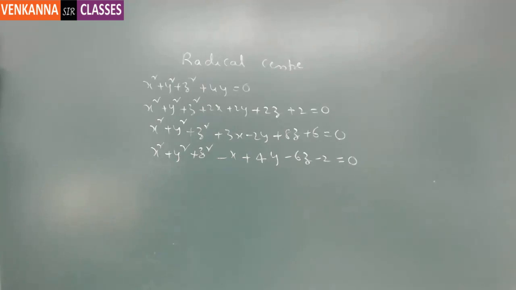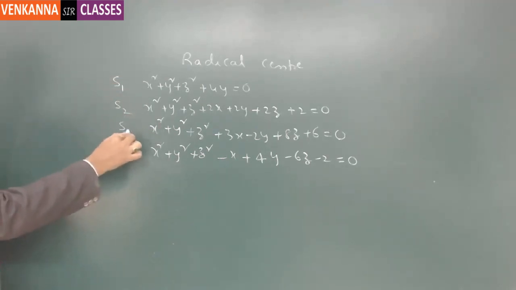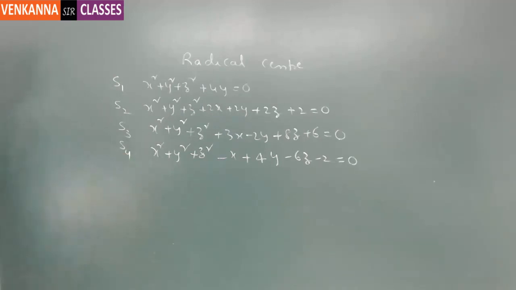Right. Now let us give the names as first sphere S1, S2, S3 and S4. So finding the radical center is nothing but you just need to calculate 4 distinct radical planes.